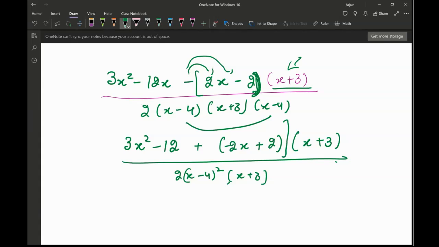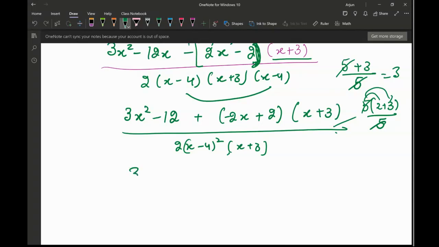If it was like this, then you could have easily canceled this and this, but right now you cannot cancel. So for example, 5 plus 3 over 5, you cannot cancel this. You cannot write the answer is 3. If it was 5 times 2 plus 3, this 5 belongs to this and this 5 belongs to this. Now you can cancel it.